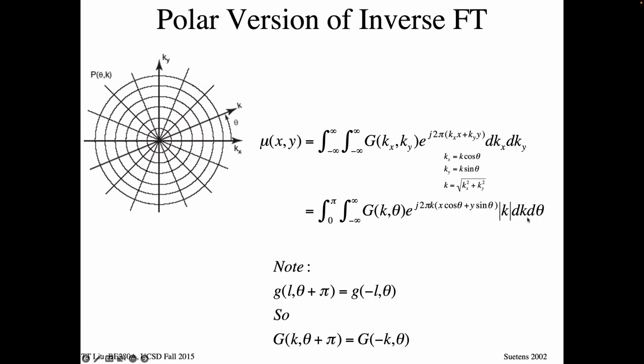That involves a Jacobian for each elemental area, because the size of an elemental area is proportional to k as you go out, for each d theta and dk. So this is the transformation of the inverse Fourier transform into polar coordinates using these equations.